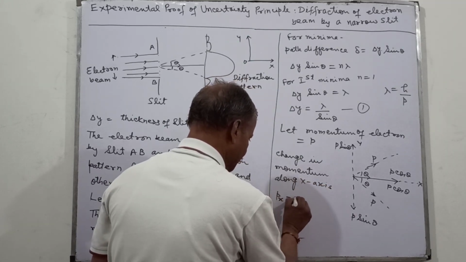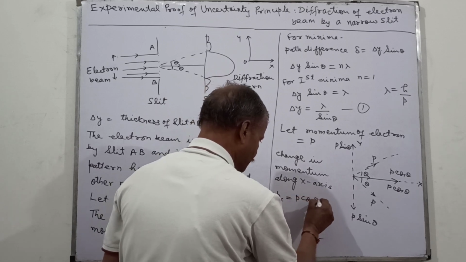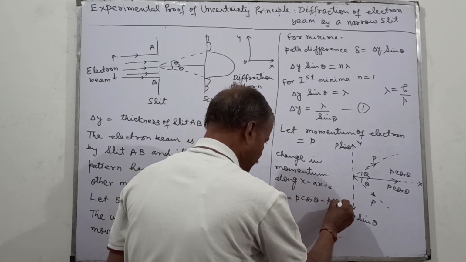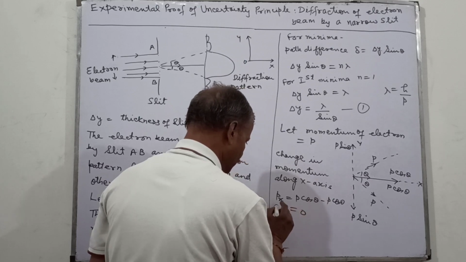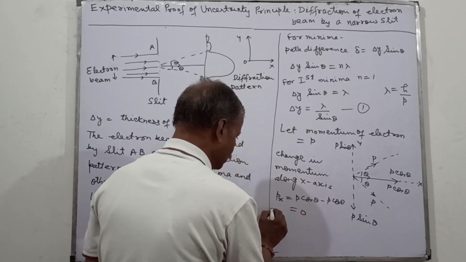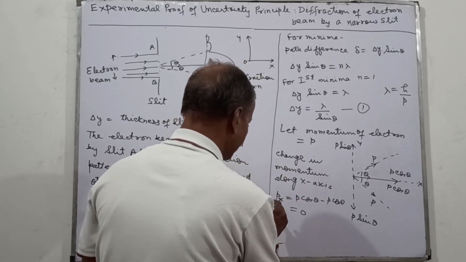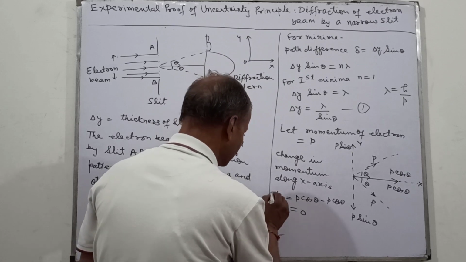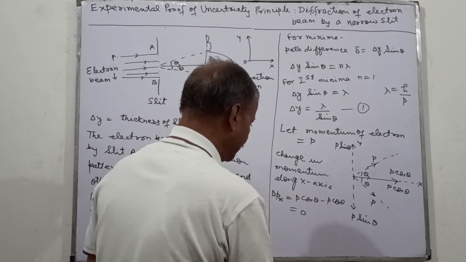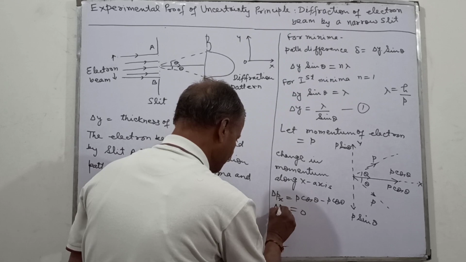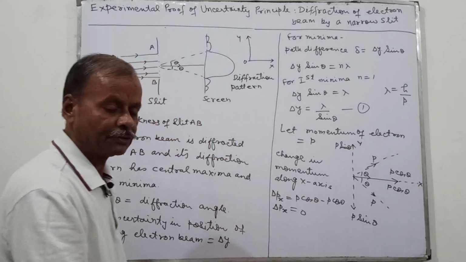So this px equal to p cos theta minus p cos theta, so this is equal to 0. So this is now your delta px. So this delta px is equal to 0.